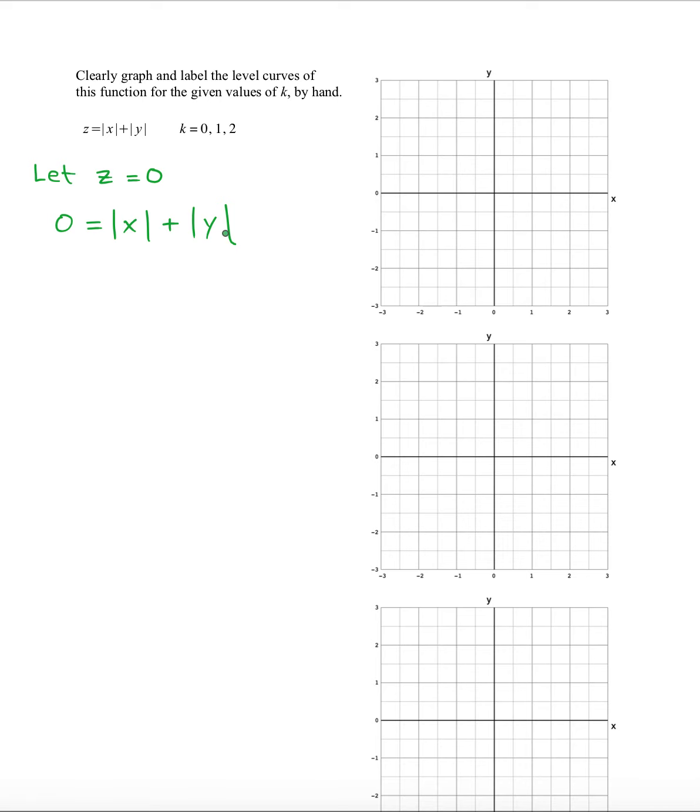So since these are absolute value signs, they would take away any negatives. That means neither of these terms could be negative. There's only one solution to this. X equals 0 and y equals 0. It's the only possibility. So for my k of 0, I'm going to put that one down here, and it's just a single dot.